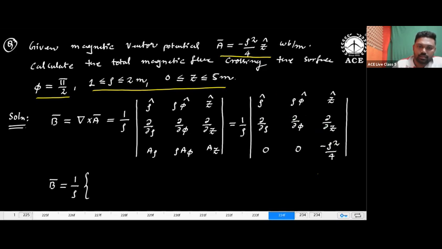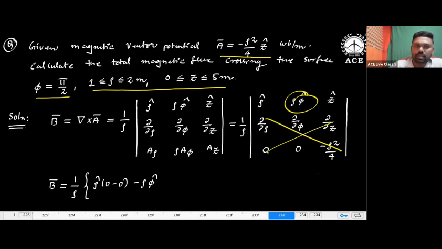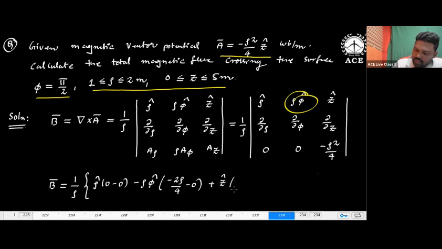That is rho cap into 0 minus 0, minus rho into phi cap into this into this minus this into this, which is minus 2 rho divided by 4 minus 0, plus z cap into this into this minus this into this, 0 minus 0.